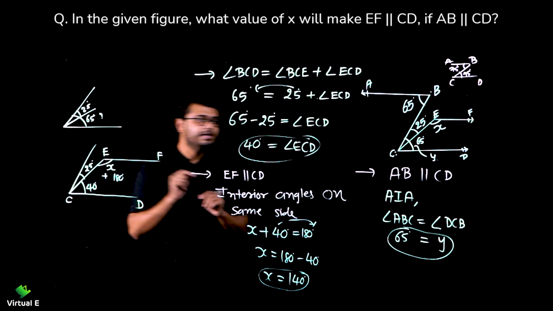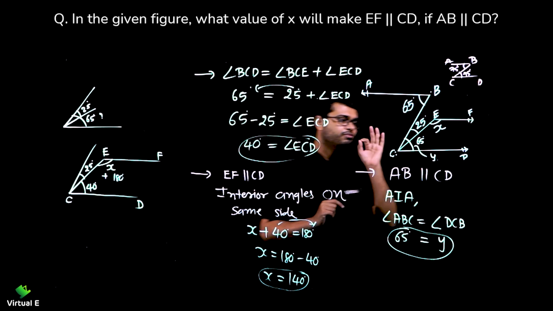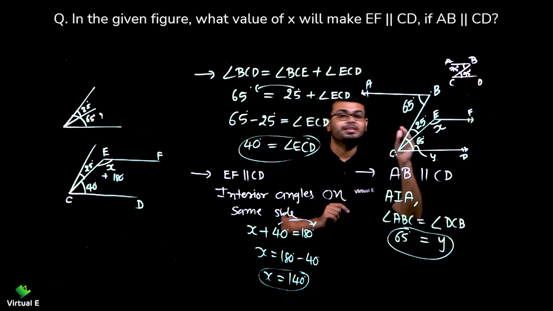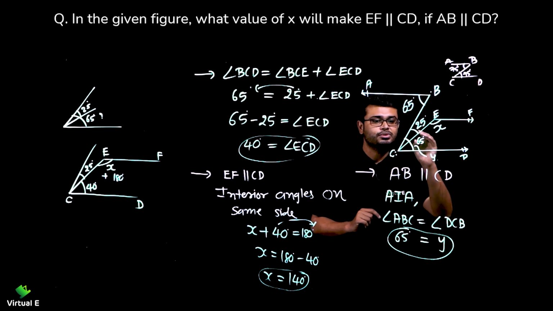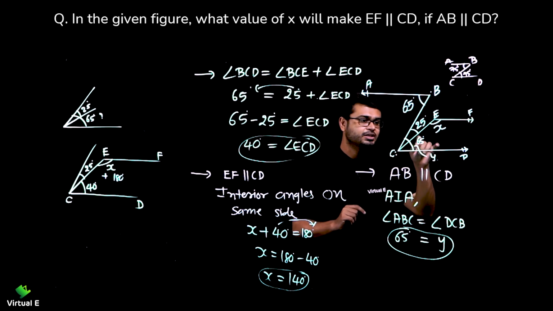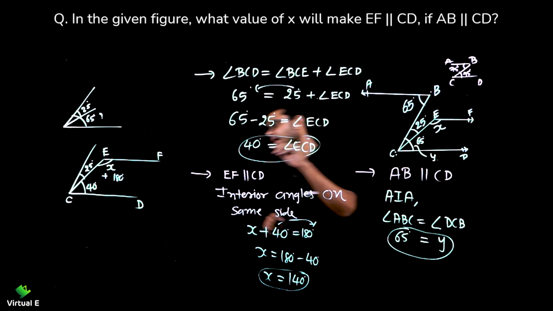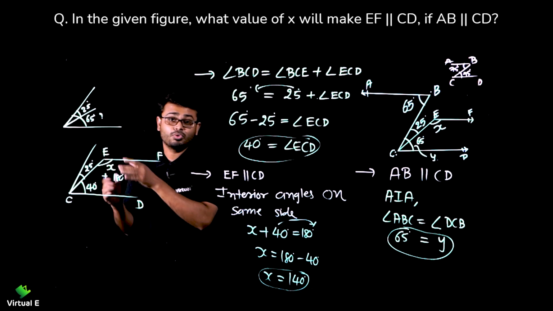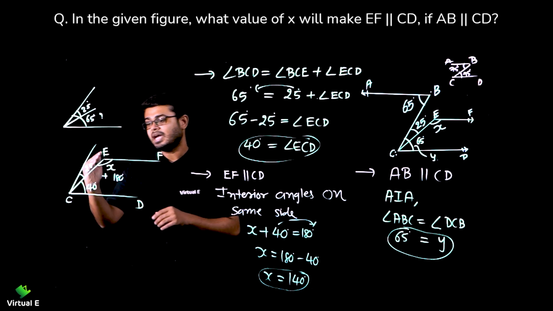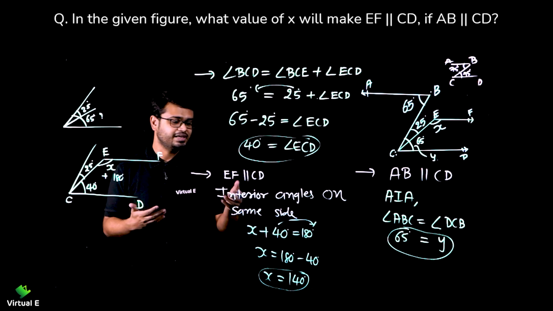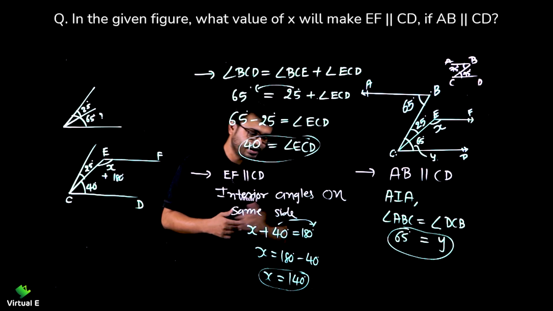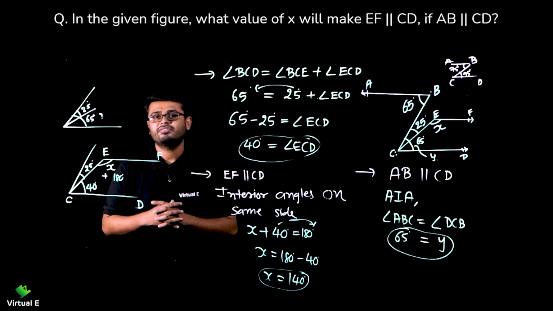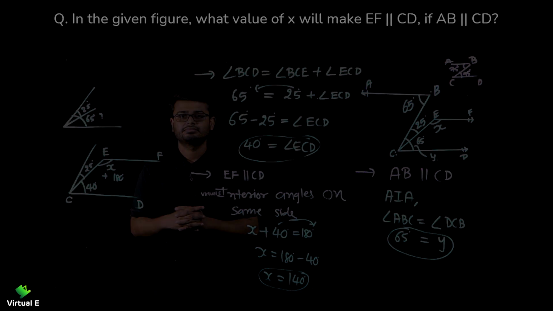So be clear about that. Whenever you find any angle, try to mention it in the figure. It's a really good habit. So you come to know that yes, these angles are with me. So this is also 40 degrees, 25 degrees. When you look at the figure, you get an idea. Yes, you want these two lines to be parallel. These both are interior angles and they are on the same side. So let's apply IASS and they add up to 180 degrees. So this is how we find the missing angle.